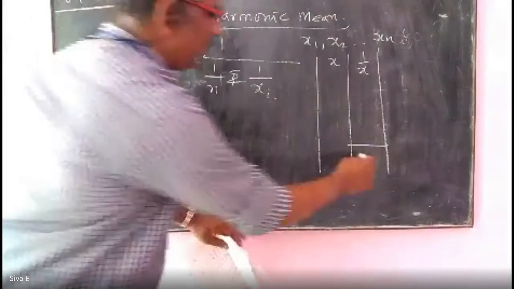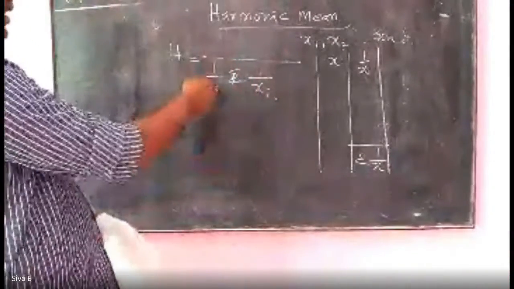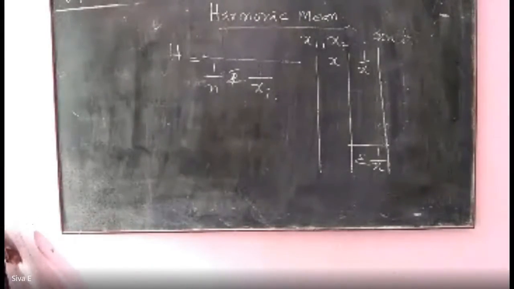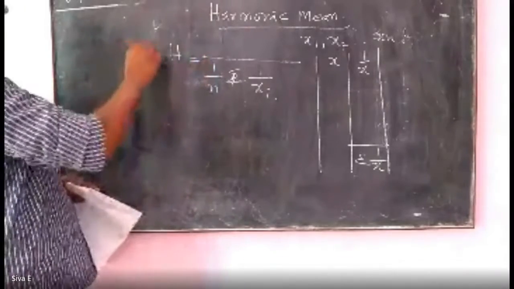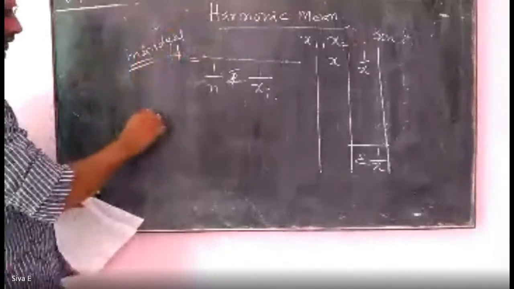So here you have to find 1 by x, and the number of observations is n. This is the formula for the individual case, that is, for individual type data.